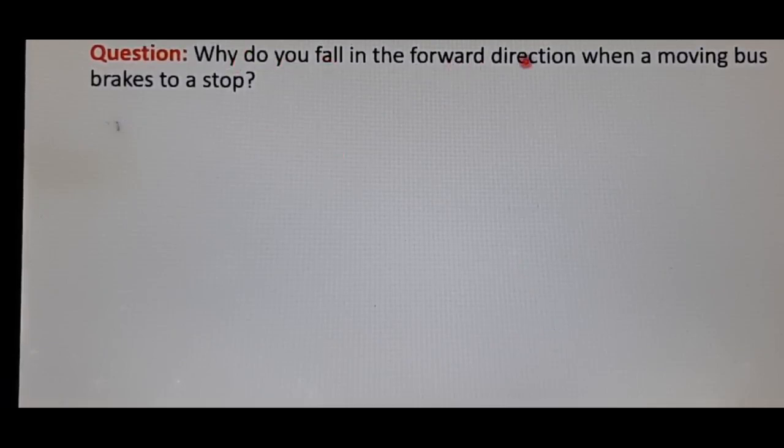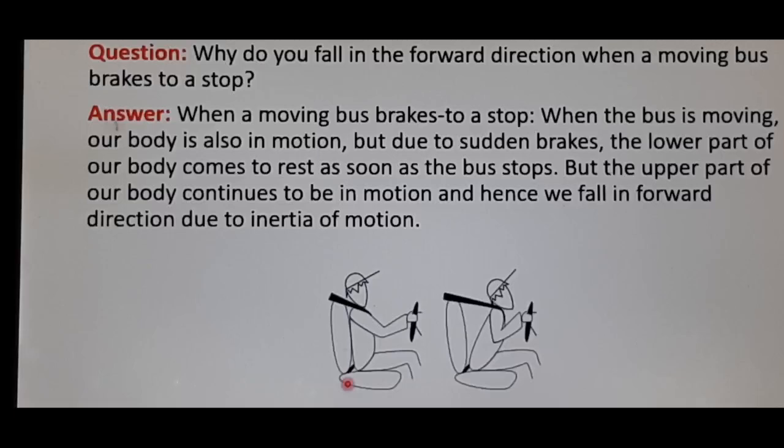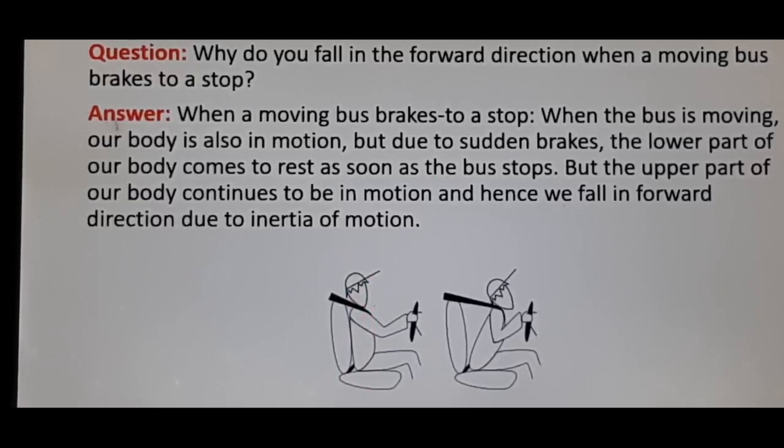Why do you fall in the forward direction when a moving bus applies brakes to stop? This again I have discussed at the starting. When a bus is moving, your body is in a state of motion, but once the bus applies brakes, what will happen?